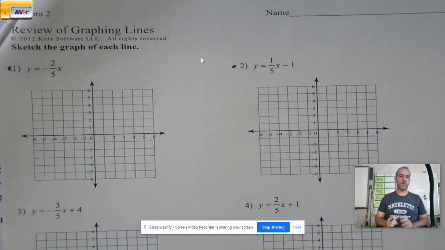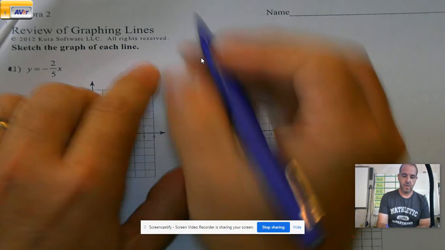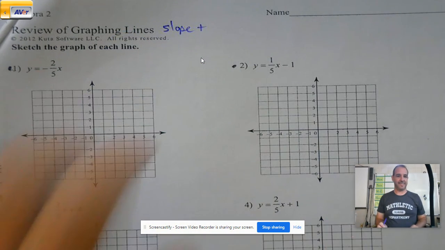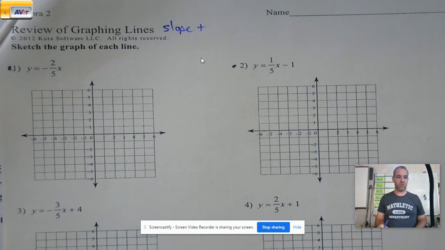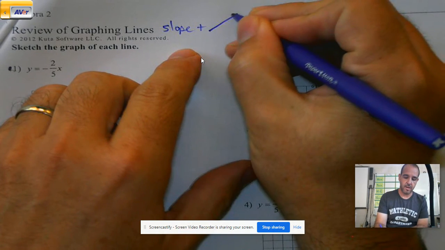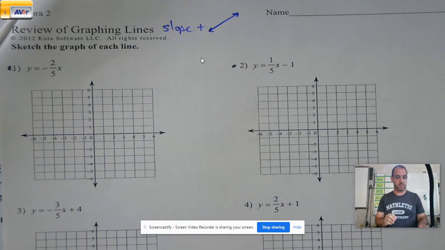So when we're graphing lines, a couple of things to keep in mind in general that we'll take a look at here at the top of our page. When we're looking at the slope of a line, the steepness of a line, a couple of things we want to look at. When our slope is positive, like it is in number 2 or number 4, those lines are going to be going up to the right.